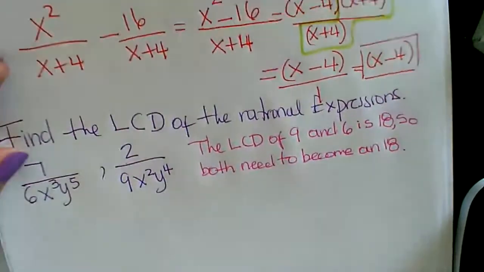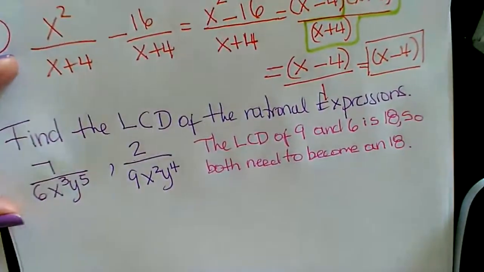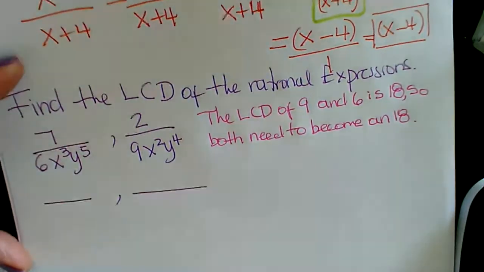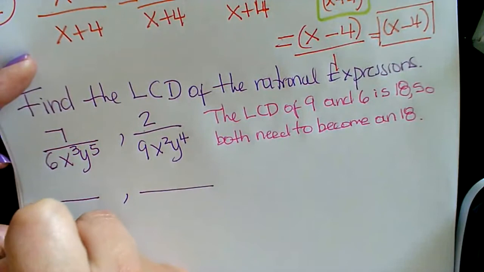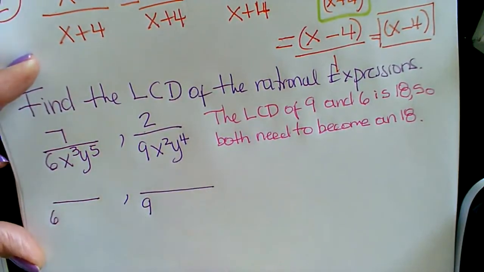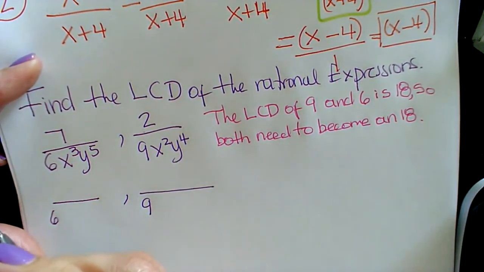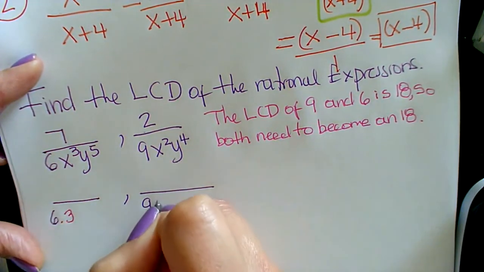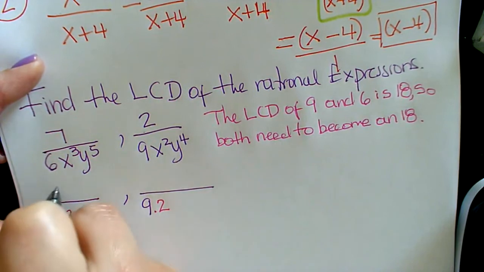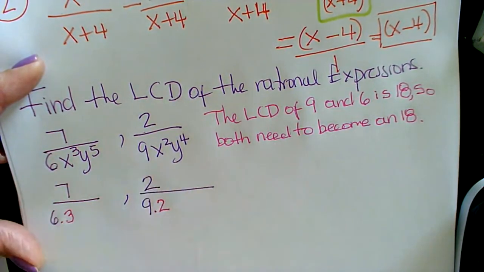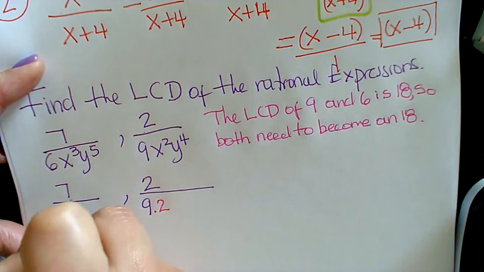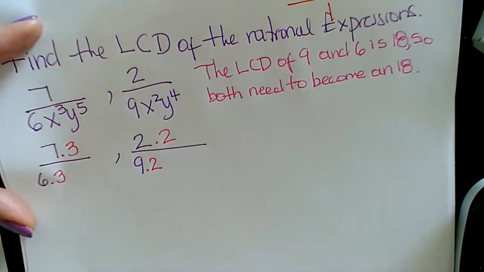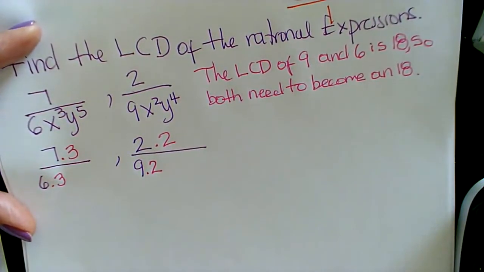Let's do it. I have a 6 and a 9. So in order to become an 18, I need to multiply by 3 and multiply by 2, right? I have the 7 and I have the 2. So whatever I do in the bottom, I need to do it on the top too. Don't forget that. Just like when we're adding and subtracting fractions with different denominators.